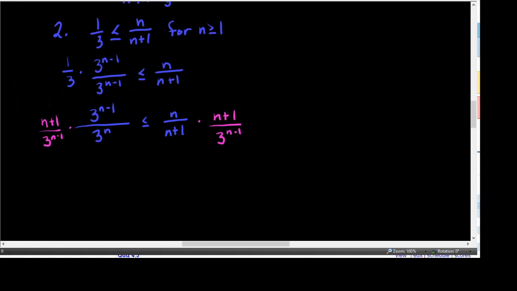So we are definitely multiplying both sides by a positive number, so we do not change the inequality. So on the left side, the 3 to the n minus 1's cancel, leaving n plus 1 in the numerator and 3 to the nth in the denominator. On the other side, the n plus 1's cancel, leaving n divided by 3 to the n minus 1.